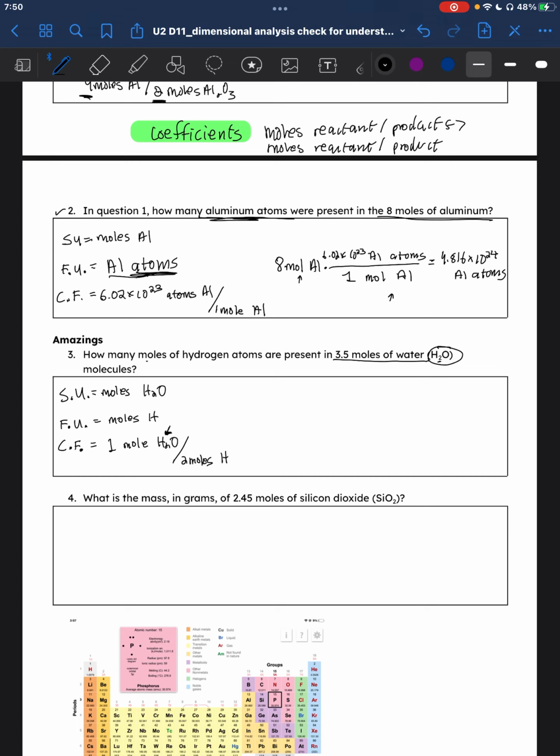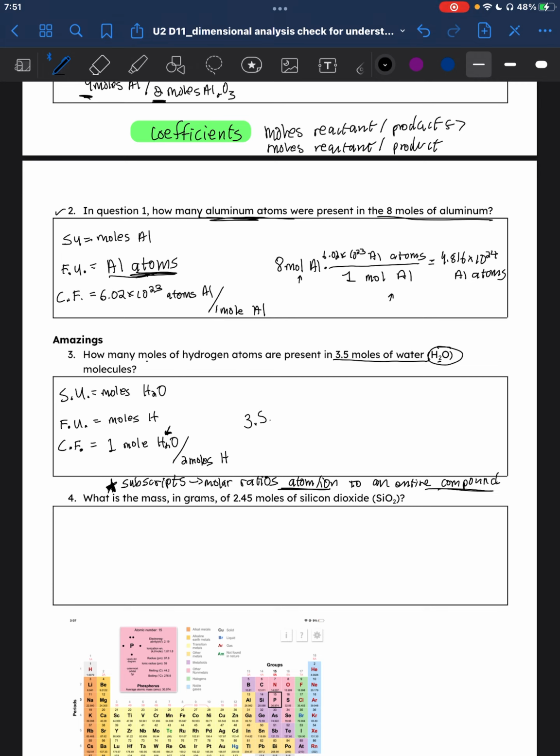All right, so the first amazing conversion factor is that subscripts also serve as molar ratios for an atom or ion to an entire compound. So I can use subscripts as a conversion factor if I'm trying to convert between part of a compound and the whole compound.